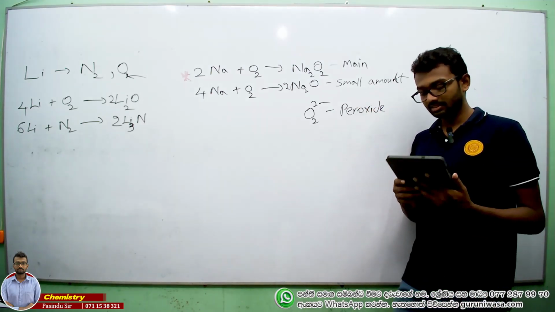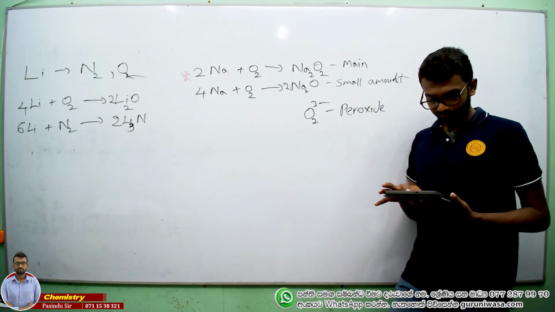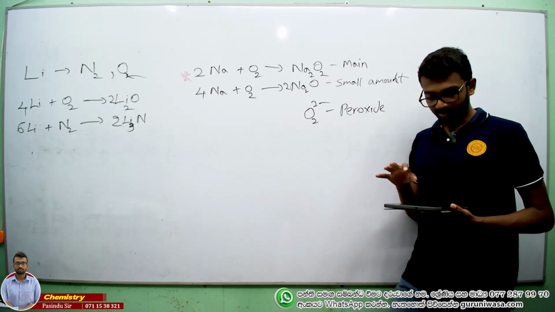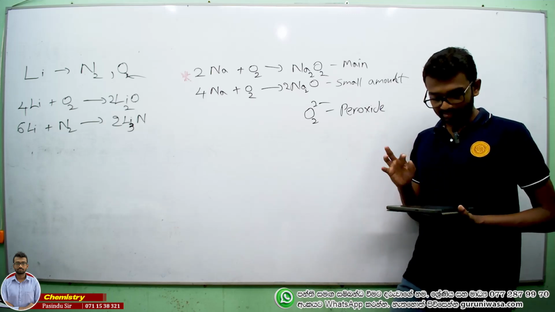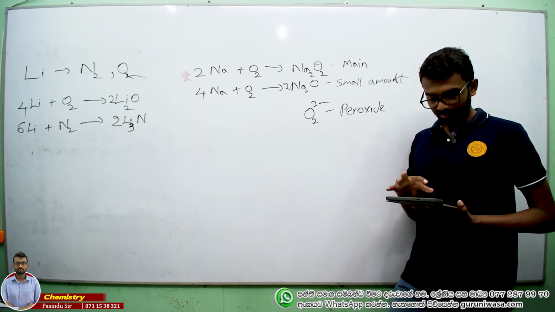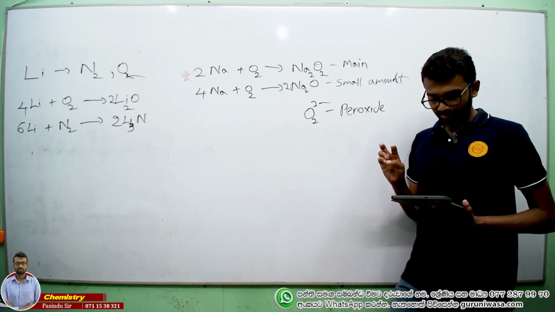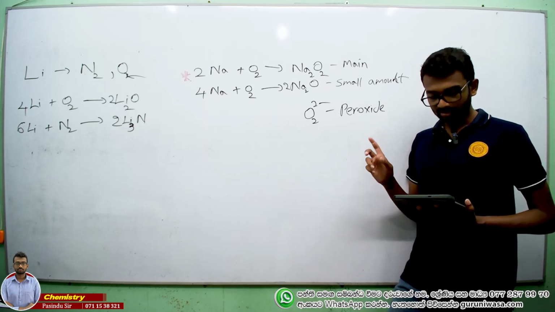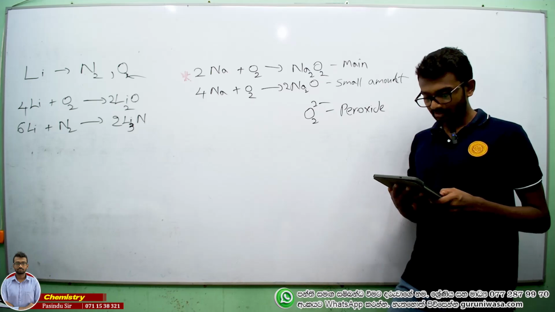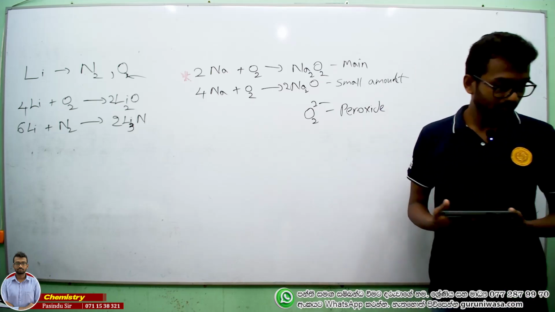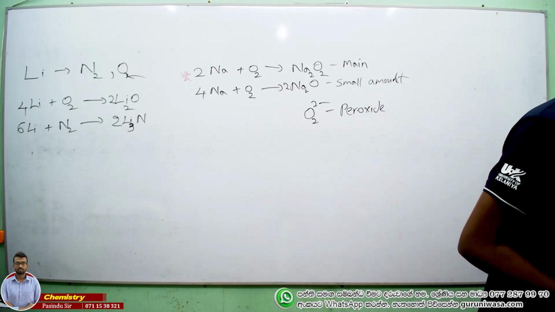After this reaction, write down the next point: potassium burned with air and formed potassium superoxide.